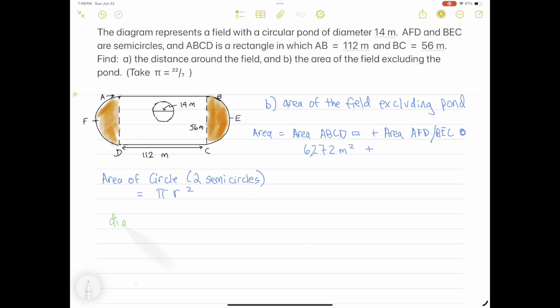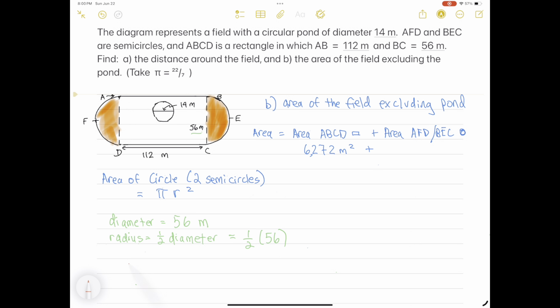As we discussed earlier, the diameter of the circle is 56 meters, and the radius is 1/2 of the diameter. So the radius would be 1/2 times 56 meters.